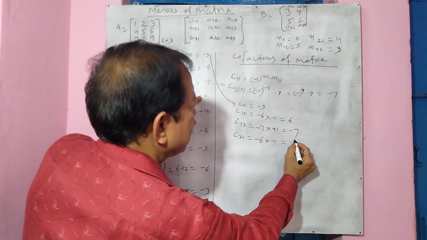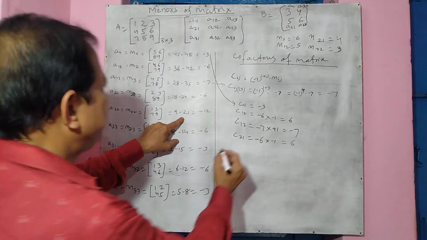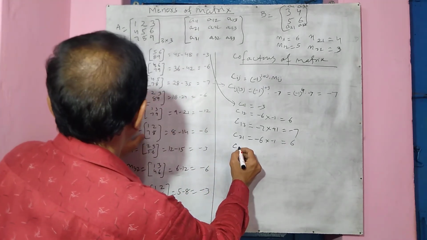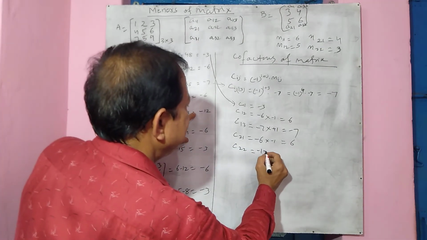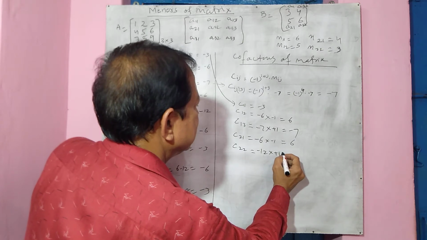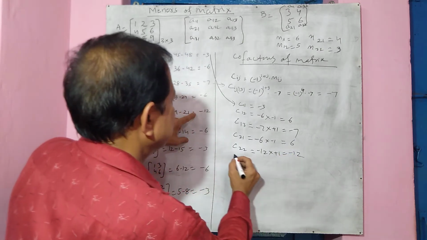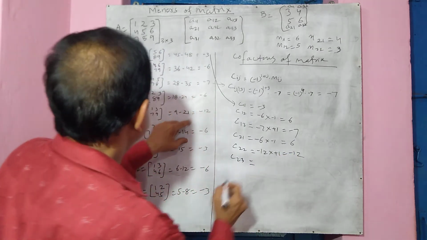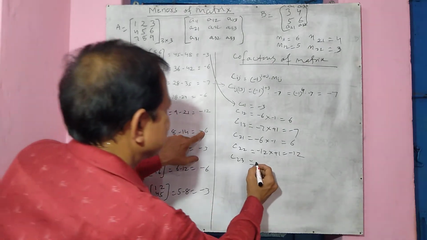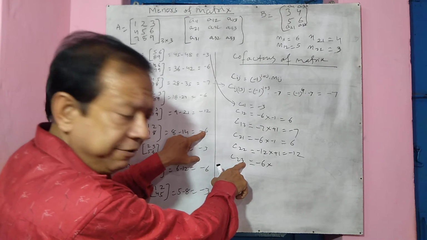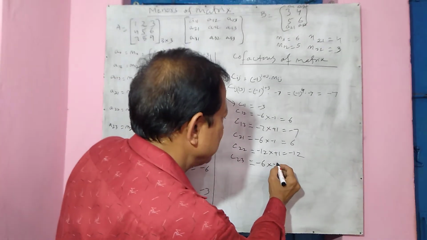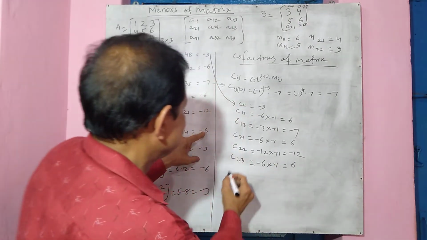So it becomes 6. Now C22 will be minus 12 into plus 1, which is minus 12. C23: the minor is minus 6, and position 2 and 3 means 5, which means negative, so minus 6 into minus 1 is equal to 6.